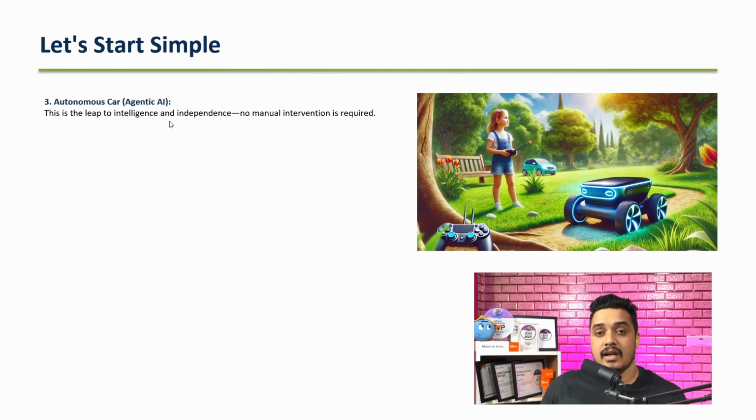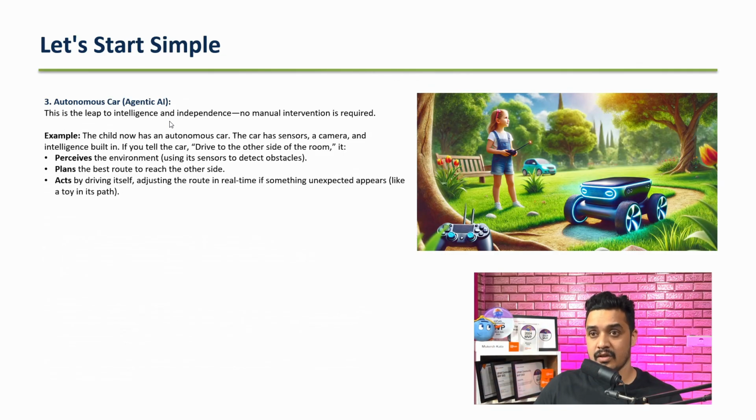Now, the third stage. There is a car the kid gets from the market, and that car is an autonomous car. So what does it mean? Wherever there is an obstruction, the autonomous car is intelligent enough to understand that yes, I have this obstacle, I have to cross it. So now this child has something called an autonomous car.